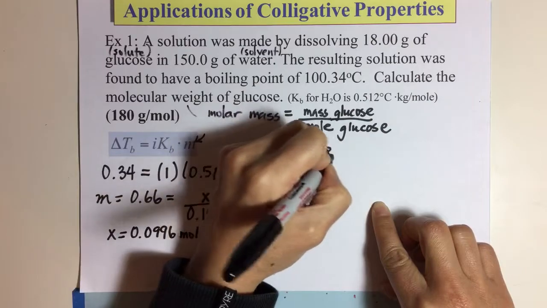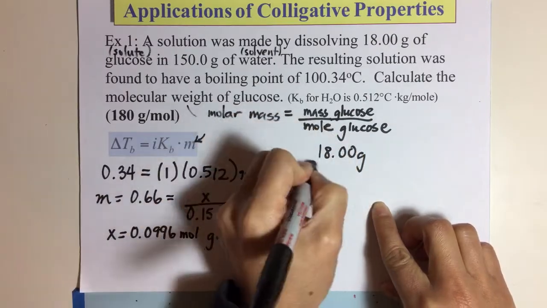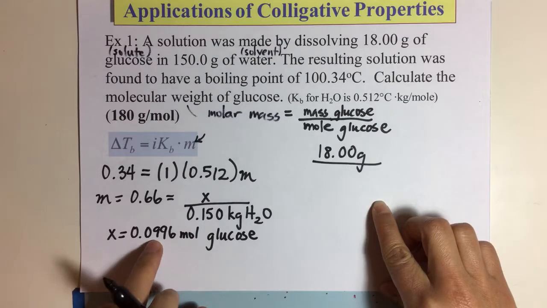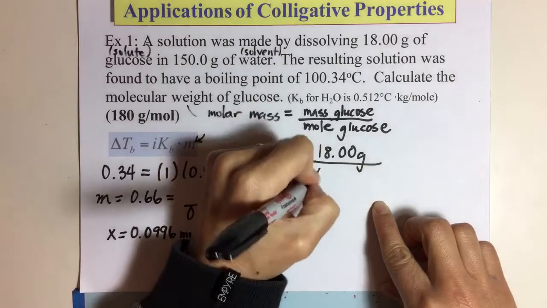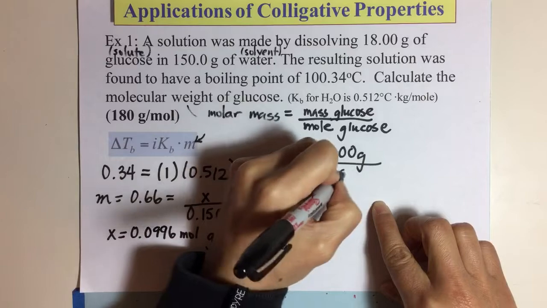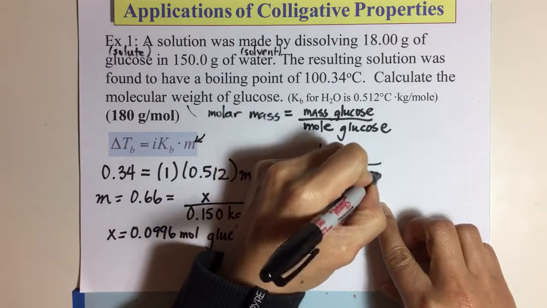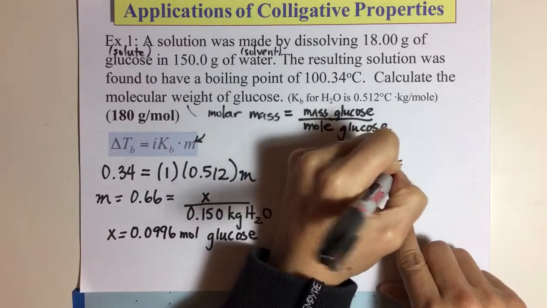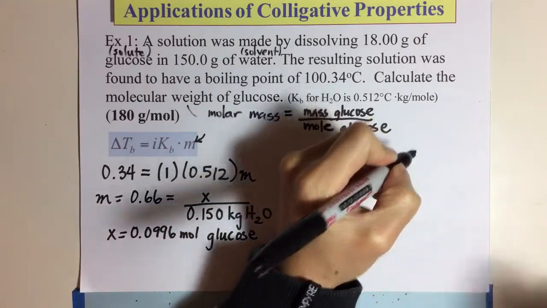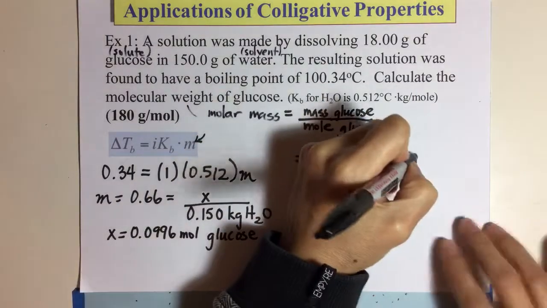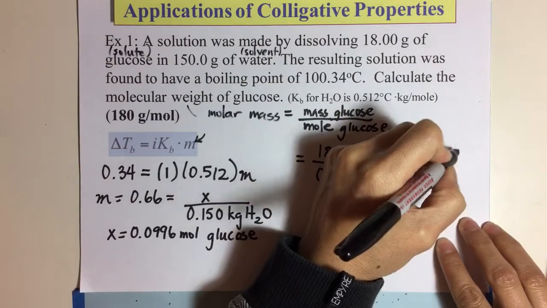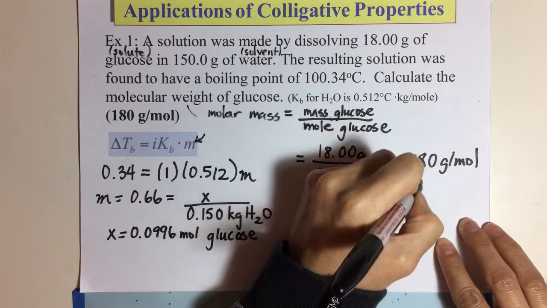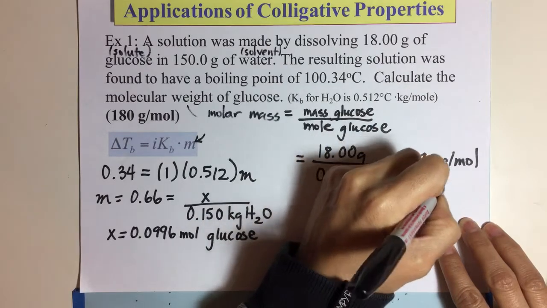So you're given 18 grams of glucose. The moles of the glucose was discovered through the molality. So the molality is 0.0996 moles of glucose. So you divide those two numbers and then you get the molar mass, which is 180 grams per mole for the molar mass of glucose.